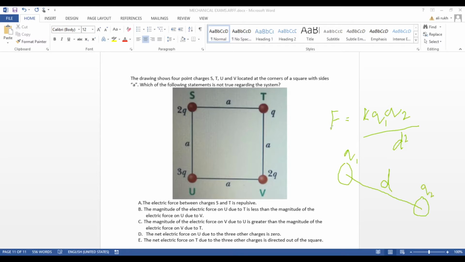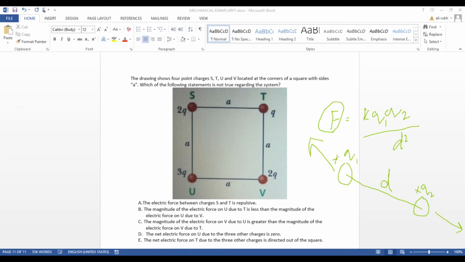Using this, based on what sign they have, imagine if Q1 and Q2 are of the similar sign, positive or negative. Let's pick positive in this case. Then the force you will find using the calculation would be repulsive, pushing both charges outwards.